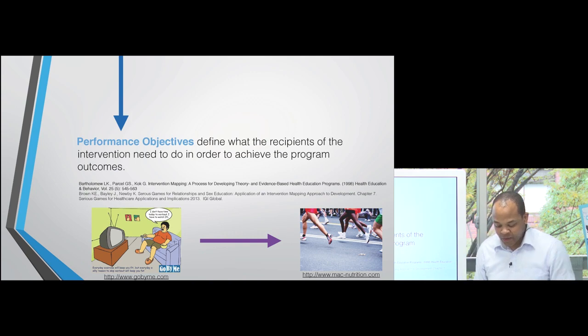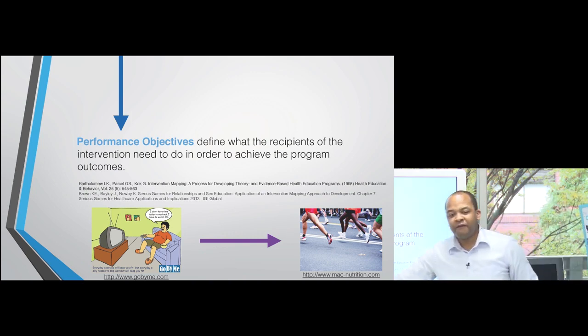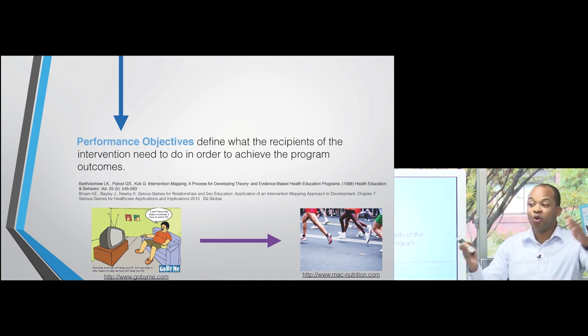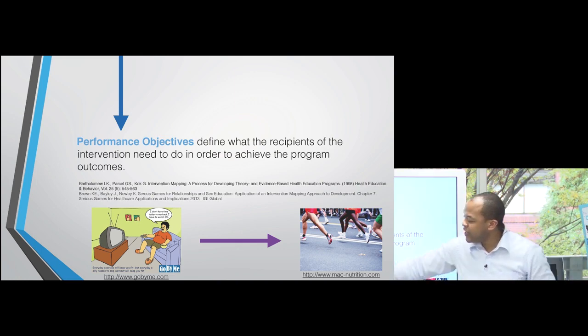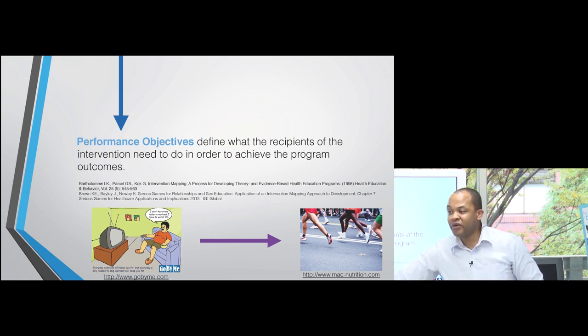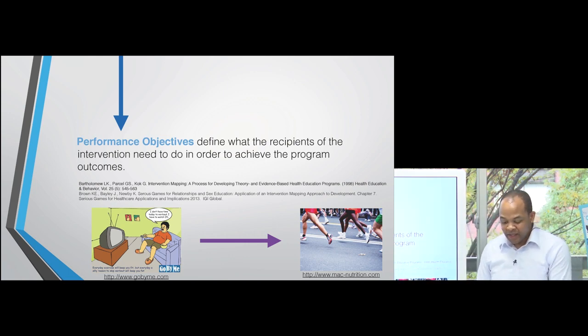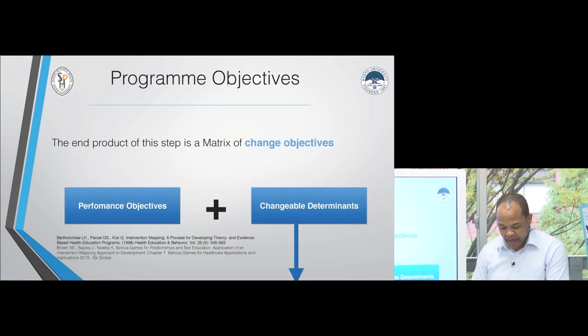Specific things. So, for example, if you have someone as your target who has this kind of habit to sit and just watch TV all day, you need to really think very hard in your performance objectives on what they need to do in order to move from here to being active, right? These are very specific things that you need to compile.